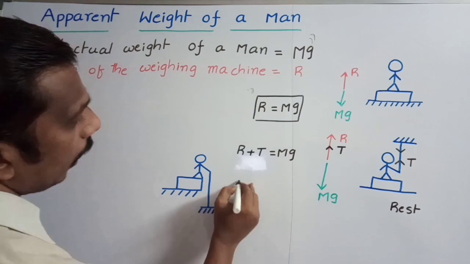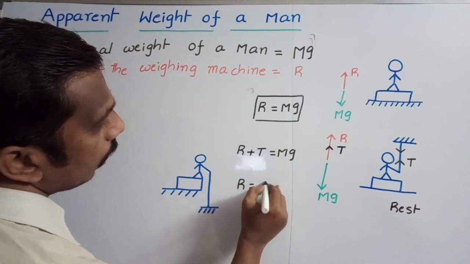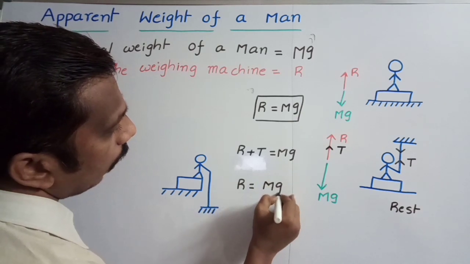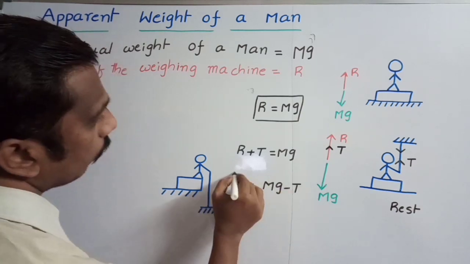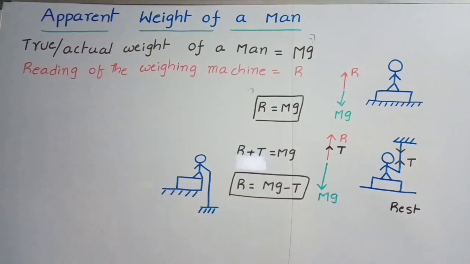From this, the reading in the machine R is equal to mg minus T. Means in this case, the real or true or actual weight is more than the apparent weight. This reading is said to be the apparent weight. So in this case, the machine shows less reading than the actual weight of the man.